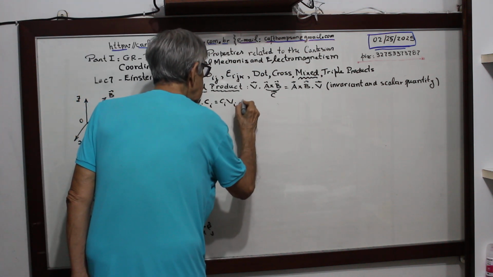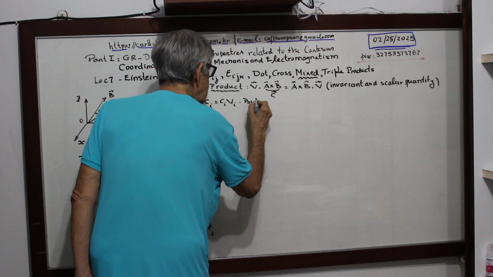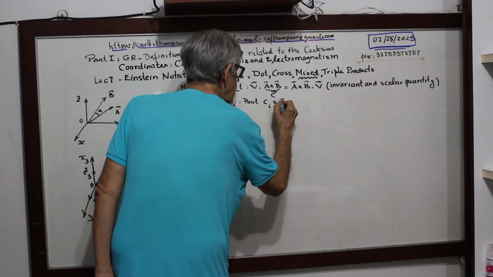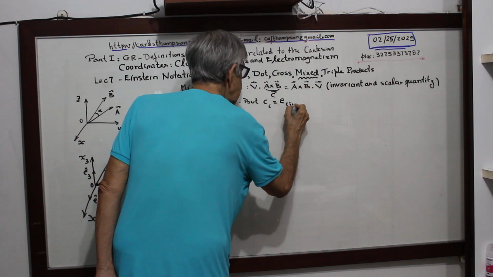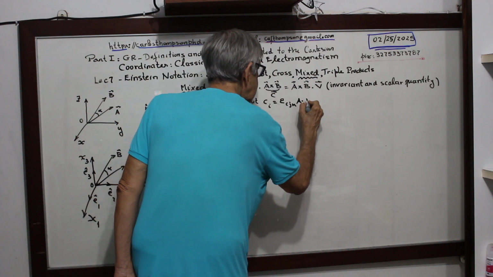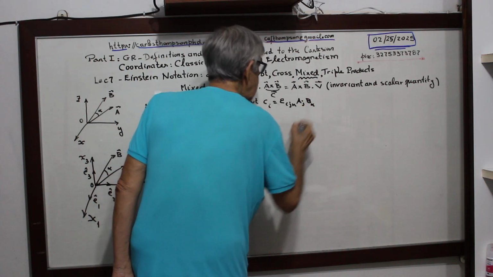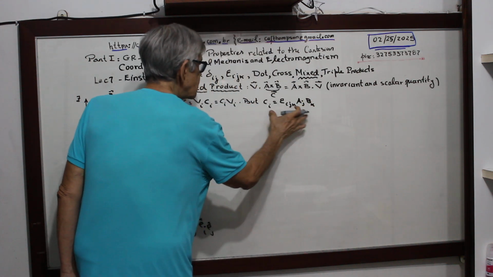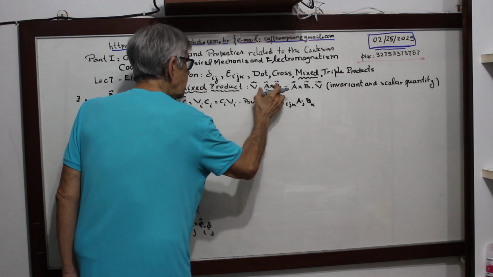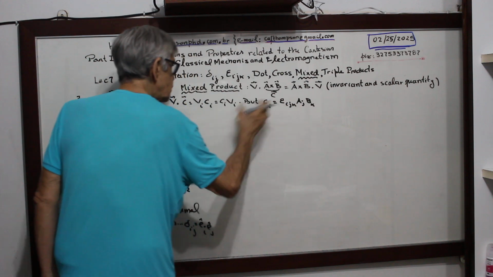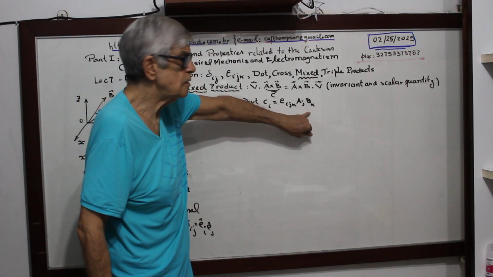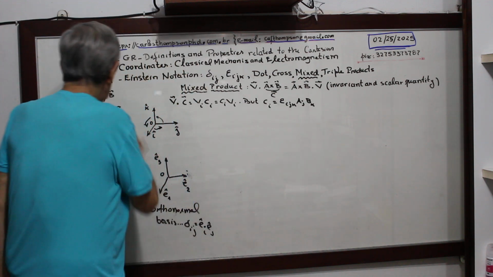But c_i is equal to epsilon_ijk a_j b_k. You see? Because c is a cross product between a and b. You saw this in the previous lecture, lecture 6.